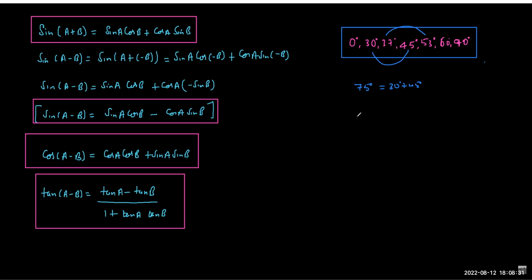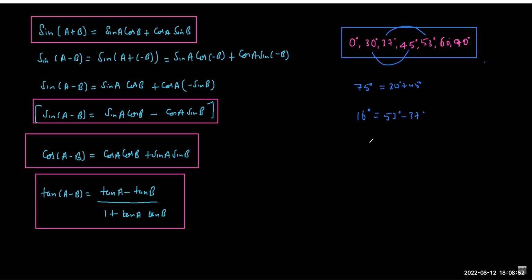Any guess? 53 minus 37 is how much? 16. That is something very interesting. That 16-degree, whose value we cannot think of finding, is possible because of this plus minus relation. So this is 53 minus 37.